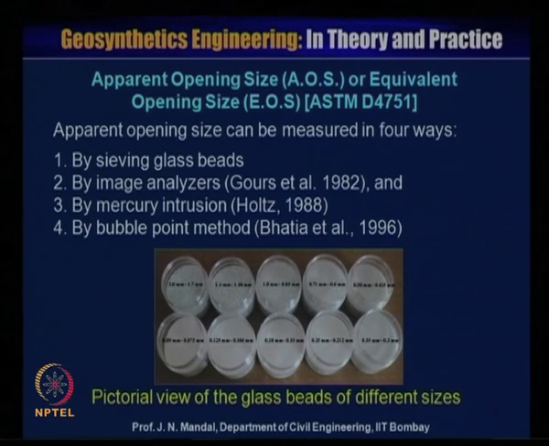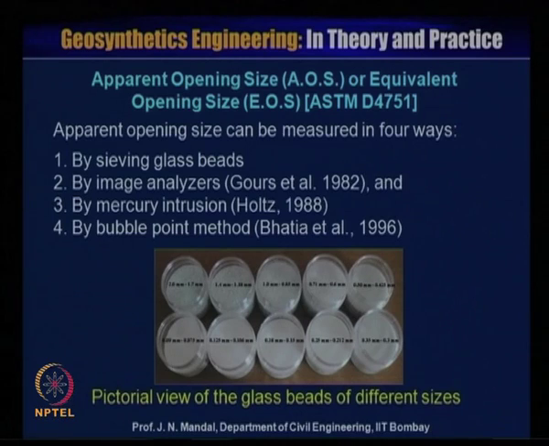There are various methods to measure the apparent opening size. It may be by sieving glass beads, by image analyzer, that is Gauss et al. 1982, by mercury intrusion, that is Holz 1988, and by bubble point method, that is Bhatia et al. 1996.